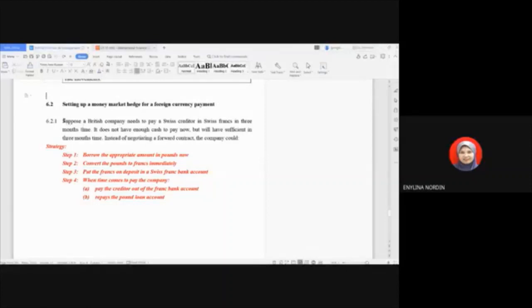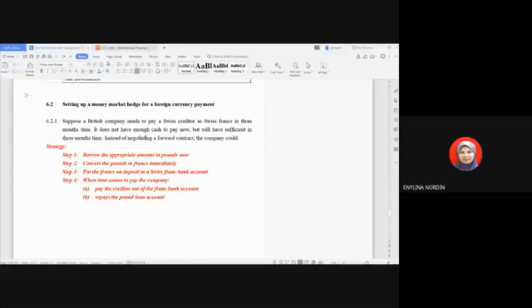Suppose the British company has to pay a Swiss creditor in Swiss franc in 3 months' time. It doesn't have enough cash to pay now, but it will have sufficient in 3 months' time.